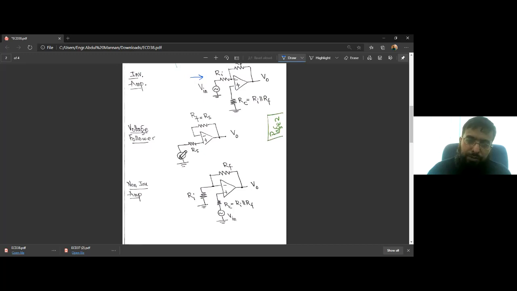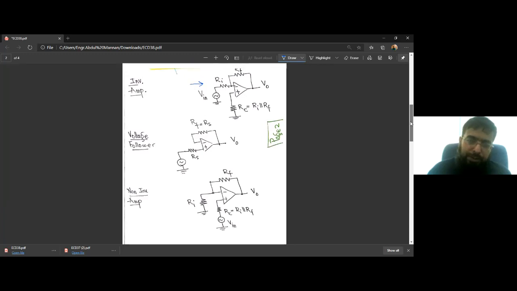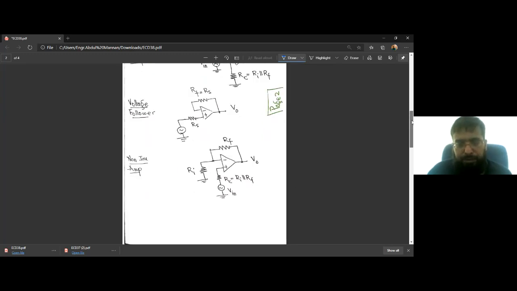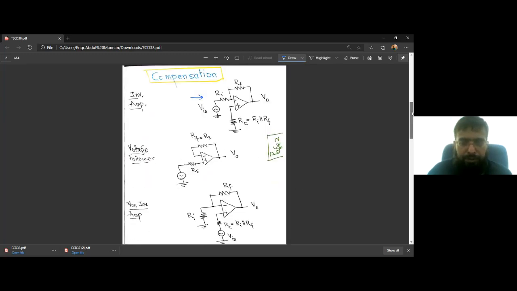And for a non-inverting amplifier, we can have the same arrangement, Ri in parallel with Rf, connected as one resistor in the non-inverting terminal. So that compensates the effect. And now we have equal currents flowing through the two terminals. This means the input offset voltage is 0 and output is 0. So that compensates for input bias currents.